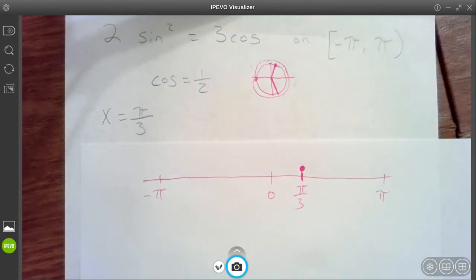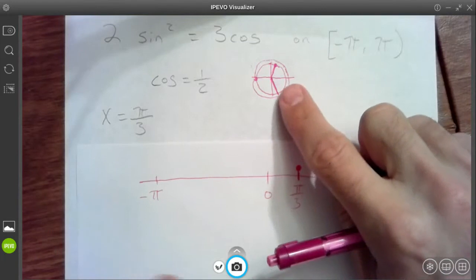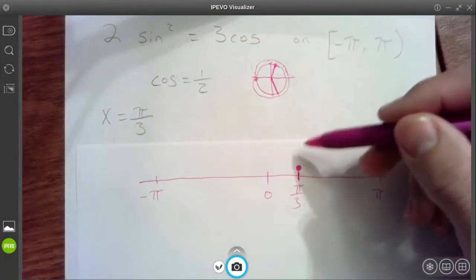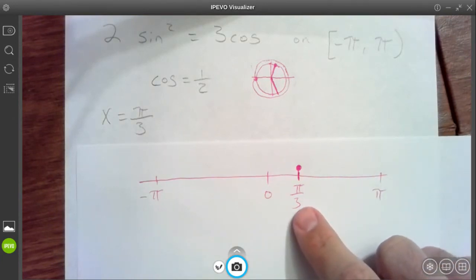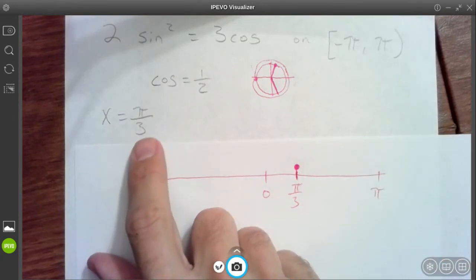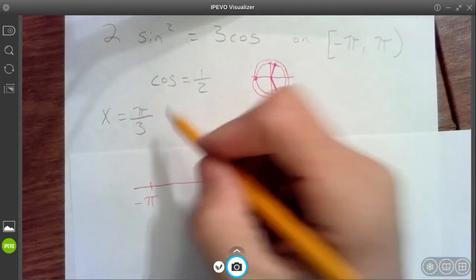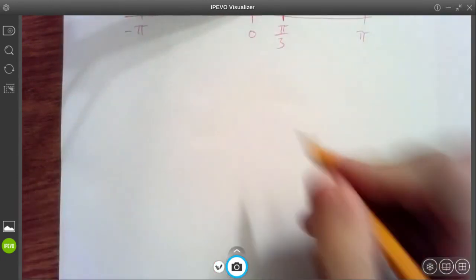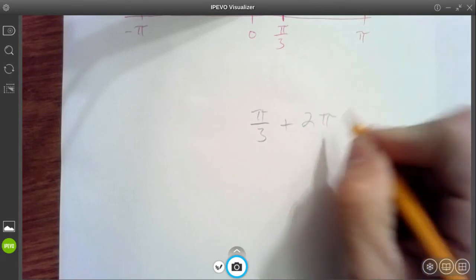If we were in class, we'd probably be talking about it on this, but it just gets too confusing trying to point to the angles on here and knowing what I'm talking about. So, all right, this is the only answer for my base answer of pi over 3. Like, if I was to try to add 2 pi to pi over 3, this is what it would look like. Pi over 3 plus 2 pi.